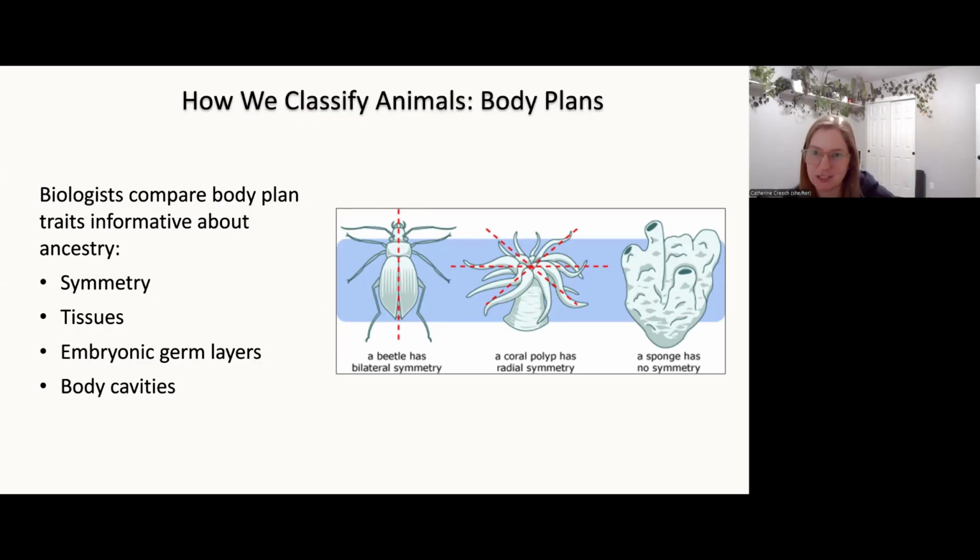So it's pretty much the same on each side. But note that you can only divide me from right to left. You cannot divide me from front to back. I'm only bilaterally symmetrical in one plane. That's true for this beetle as well. You could only divide it right to left, not top to bottom or front to back.